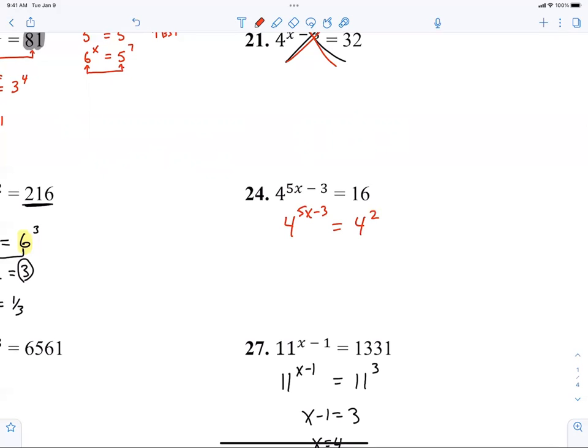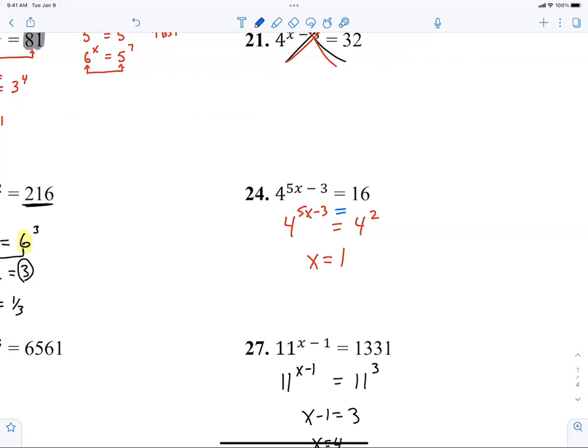And now, because we are experts at solving equations, we know that x is equal to what? 1. X equals 1. Anybody have any issues or concerns with me writing down x equals 1? Because the exponents are equal, correct? You just simply say 5x minus 3 equals 2 and solve it from there.